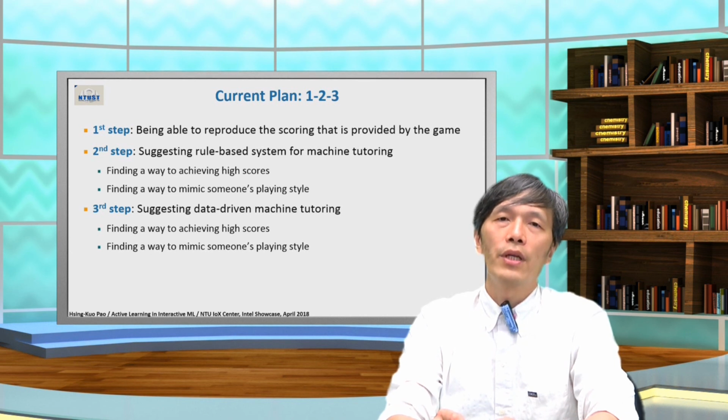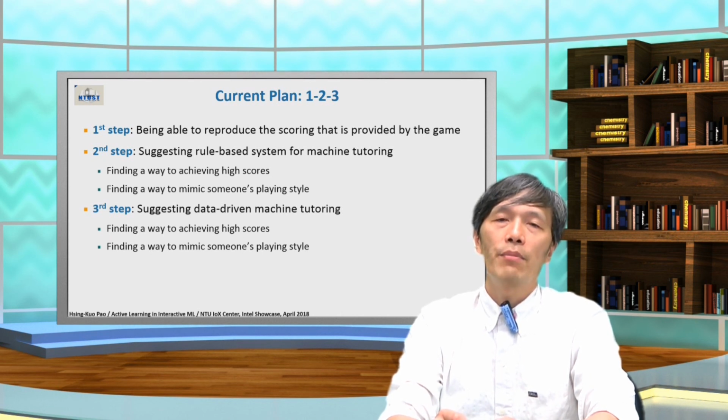Those rules will help in two situations. Maybe we are going to find a way to achieve high scores. On the other hand, we can go beyond that: maybe we can try to mimic somebody's playing, since many players may play quite well but receive similar scores.